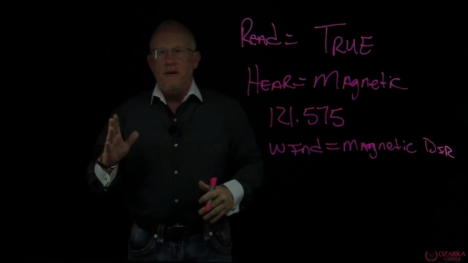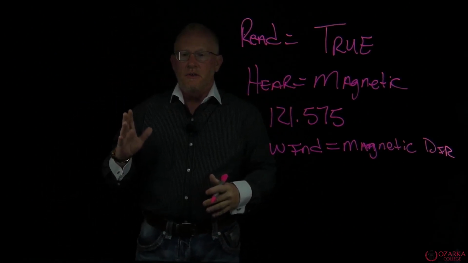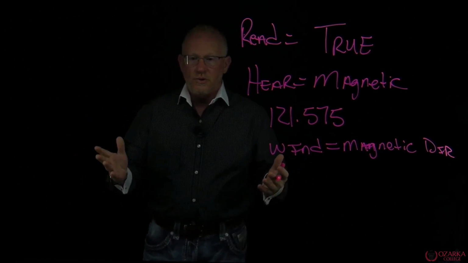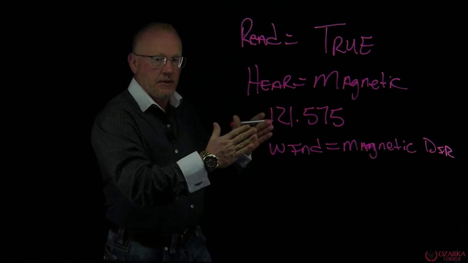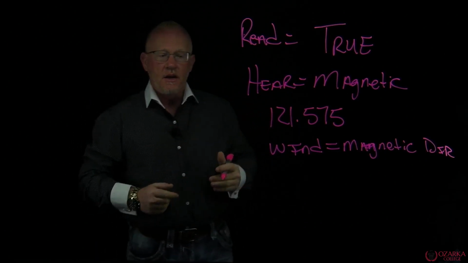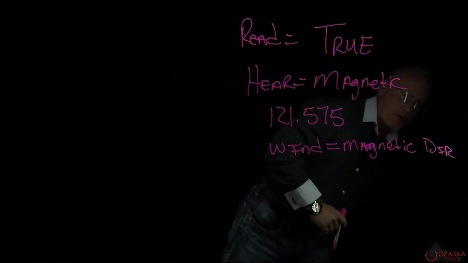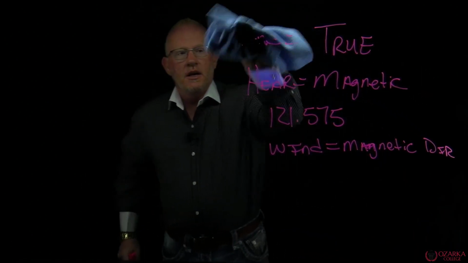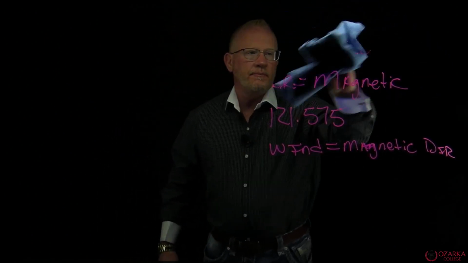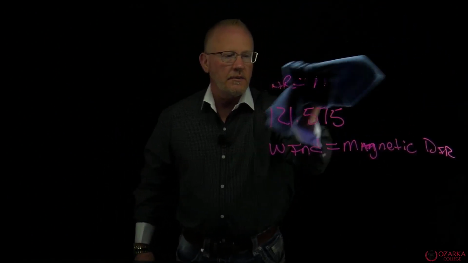So if you hear the wind is 240 at 8 knots, well, that 240 is coming off a compass direction, magnetic direction. Okay? But let's say you're getting ready to go on your cross countries, and when you get ready to go on your cross countries, you're going to have to do a weather briefing, right?